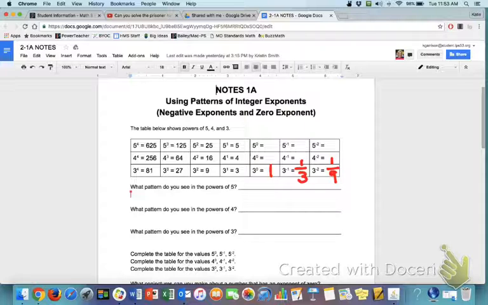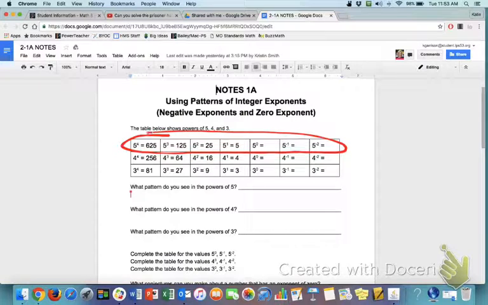So now I want you guys to start thinking about what pattern did you see out of just the powers of 5s? So if we were just looking at the 5 to the 4th, 5 cubed, 5 squared, 5 to the 1st, 5 to the 0, 5 to the negative 1, and 5 to the negative 2, what pattern do you see? What I want you guys to notice is exactly what I had said earlier.